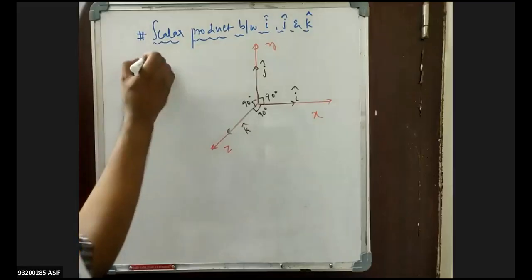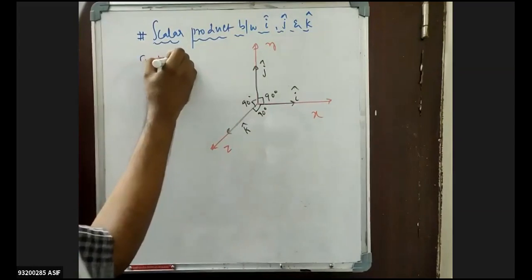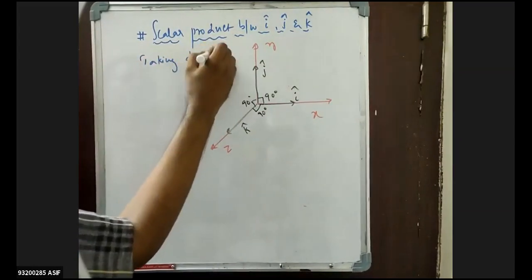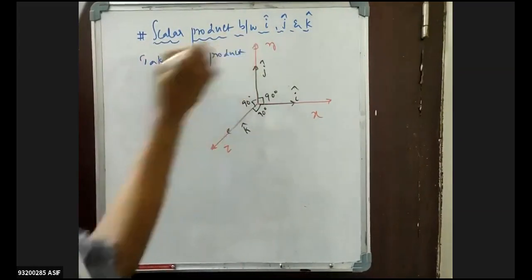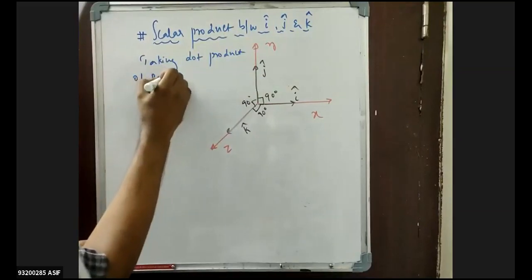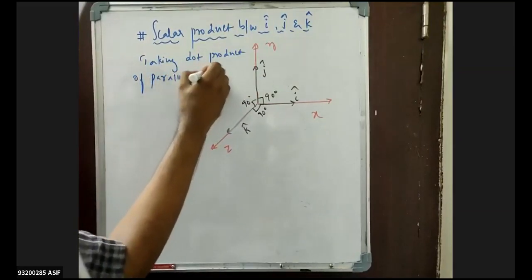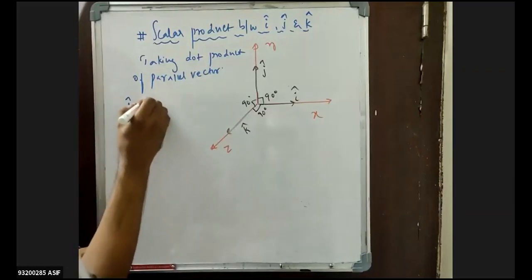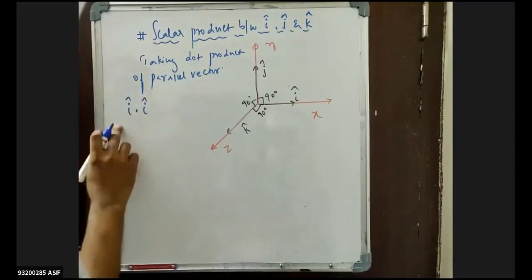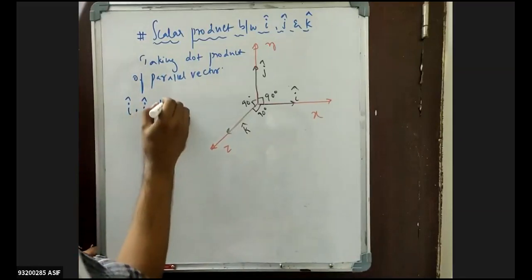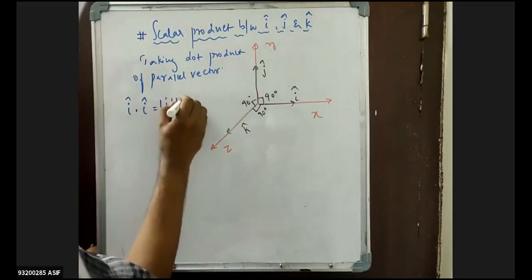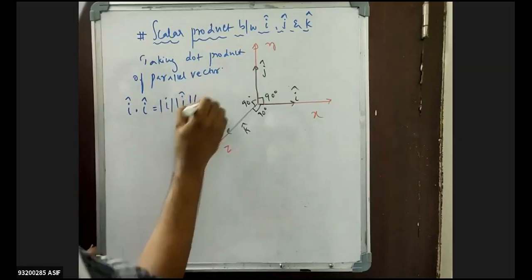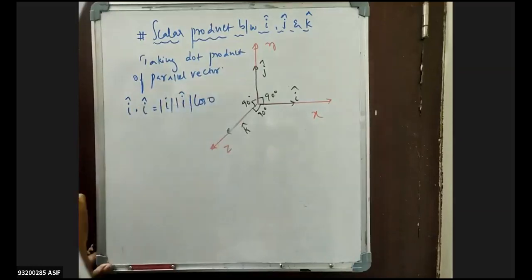So let us try to take the dot product of parallel unit vectors, that is i cap dot i cap. If two vectors are the same, i cap dot i cap equals mod of i into mod of i into cos of the angle between i and i, which is 0.